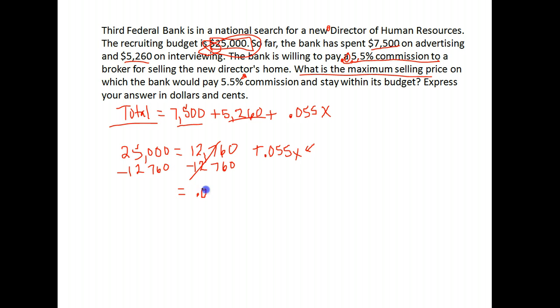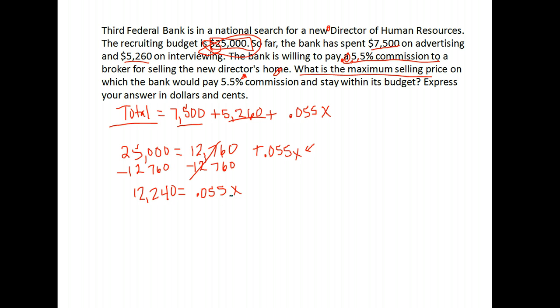Over here, we still have the 0.055x. And then on the left, we have 25,000 minus our 12,760, which comes out to 12,240.